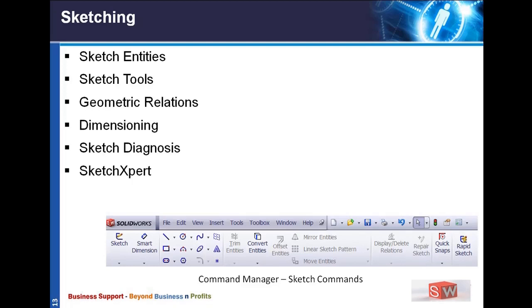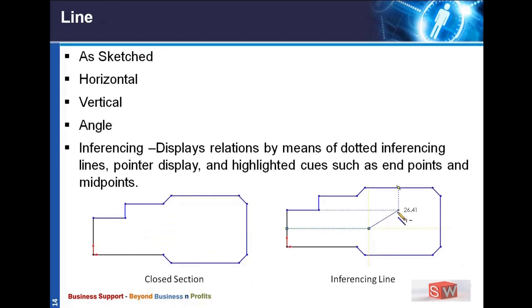To start with, we will first see the line command. A line is nothing but the shortest distance between 2 points. Here you can create a line in the required direction, and you can create a horizontal line, vertical line, or an angular line.